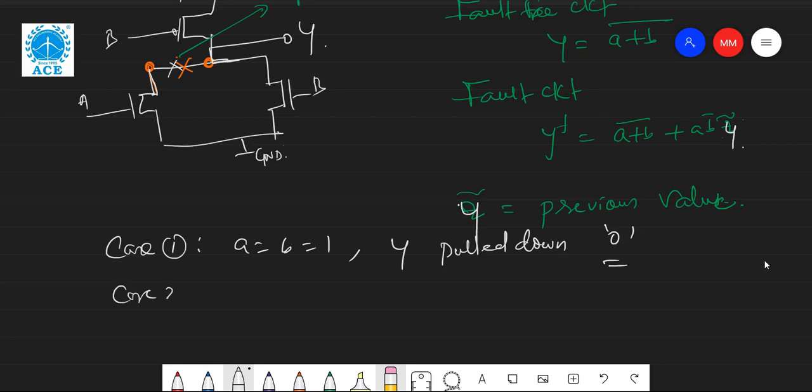If I consider case 2, A is equal to 0, then B is equal to 1, then what will happen? Y retains its value.